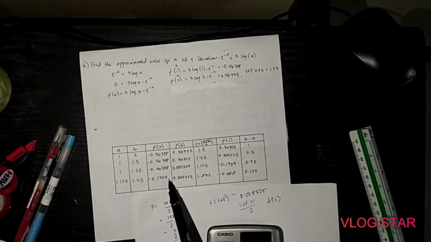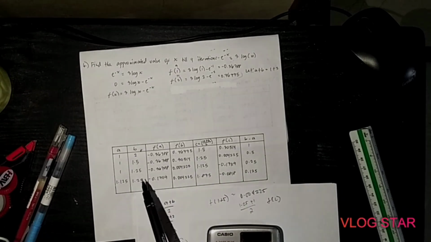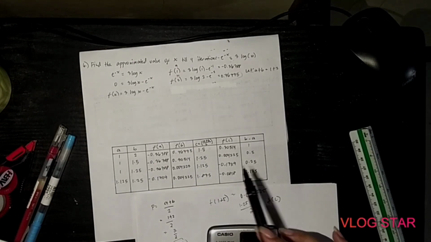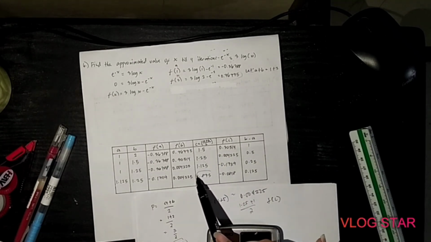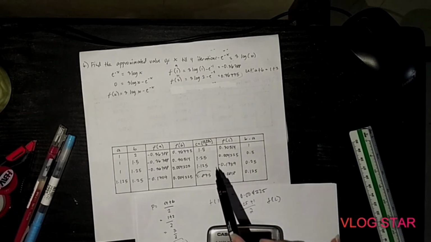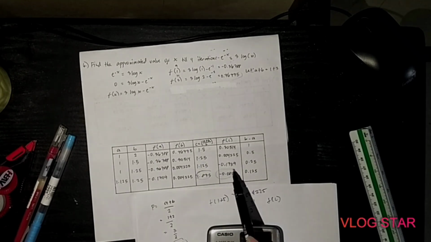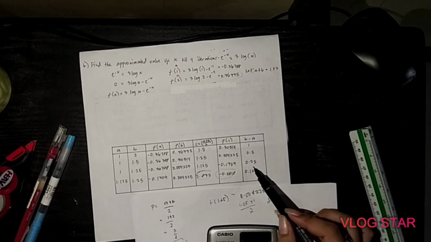And now this is the value of f of a, and this will be the value of f of b. If we add this and divide it by 2, this will be the answer. And the f of c, if we substitute the value of x to the value of c, this will be the answer. And if we find the difference of this one, we're going to get this.